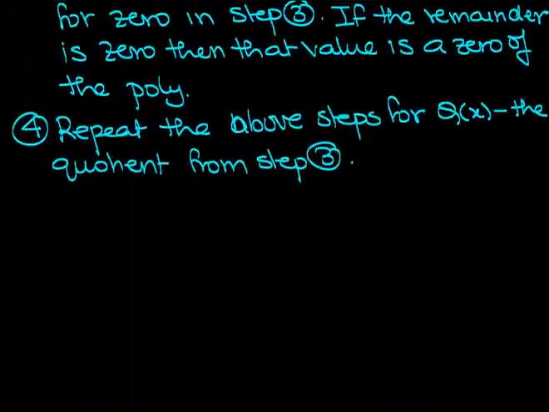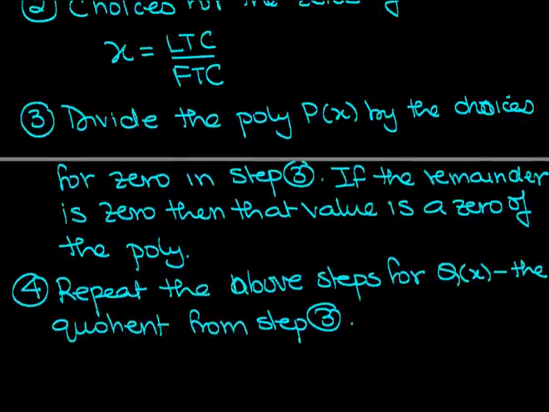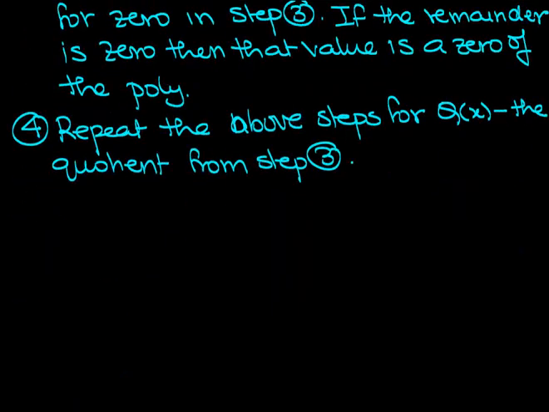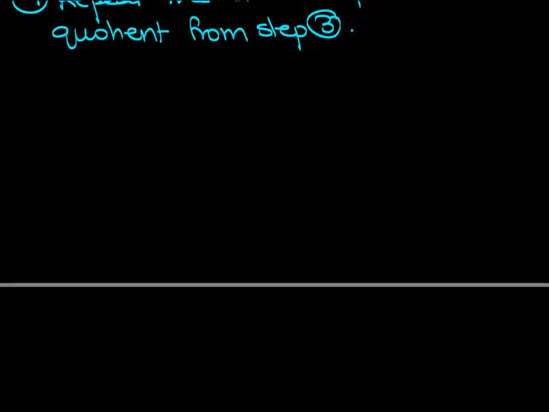Before I go further, let me give you a little trick to help you narrow down the list of zeros. This doesn't always work, but it's a good place to start. Let's take a look at an example, and I'll show you the trick.